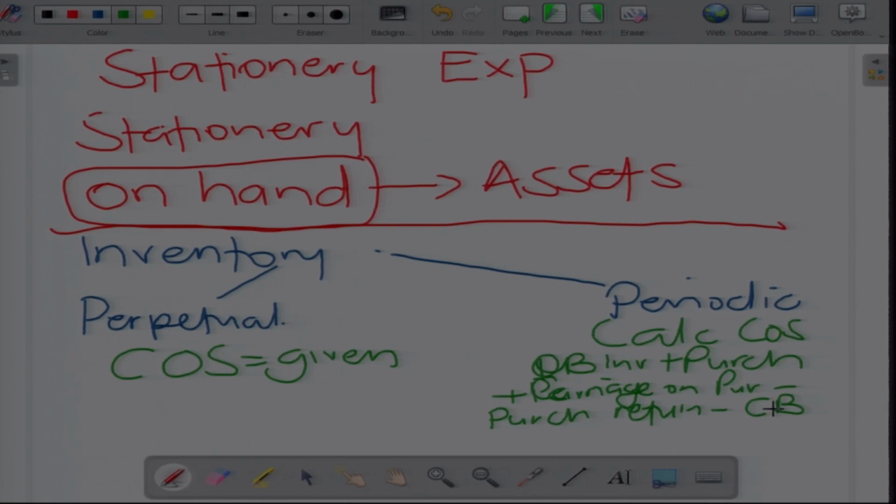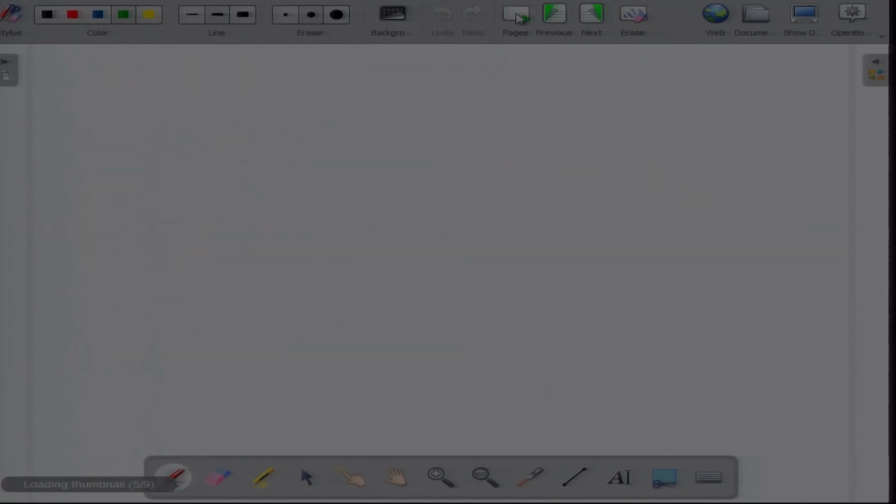And then we have one thing that I told you that you need to remember. When I spoke about it, I was talking about the retained earnings and profit.